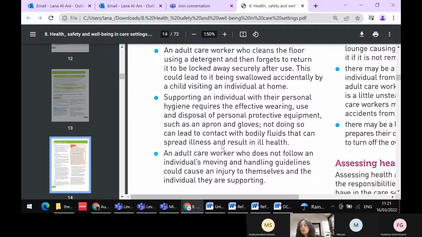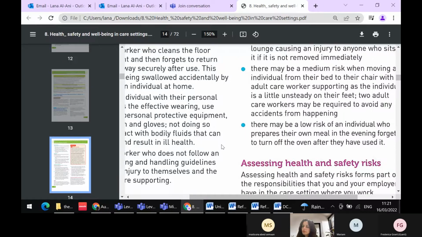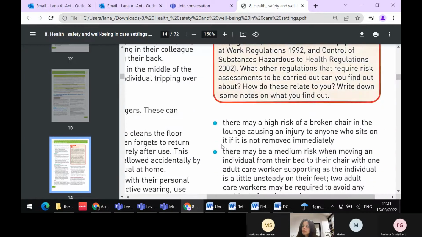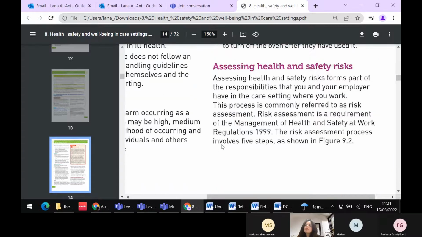And also an adult care worker who doesn't follow the individual moving and handling guidelines, if they don't follow the procedure properly, they would hurt themselves, they would hurt the people who are taken care of. So all these situations could happen in the work.